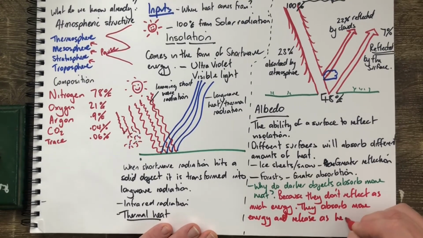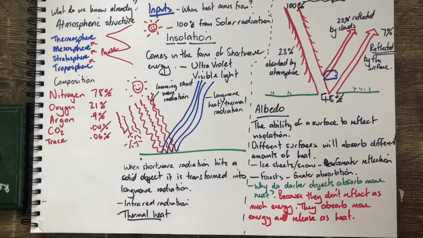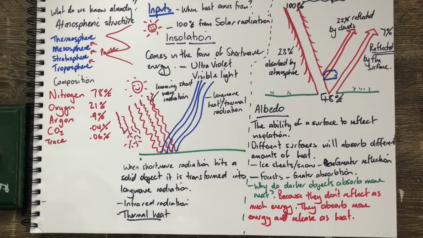it as heat. Now this becomes a bit of a problem, and it becomes part of what we would call a feedback loop. A feedback loop is when something starts and then its operation starts encouraging more of that operation. And I'll give you an example.